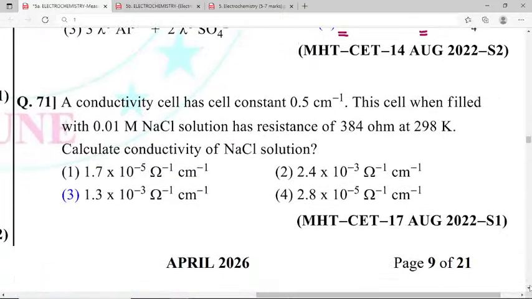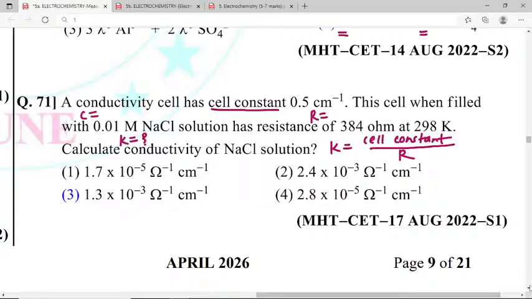A conductivity cell has a cell constant. The cell is filled with 0.01 concentration solution. Resistance is also given. We have to calculate the conductivity K. Conductivity is equal to cell constant divided by resistance.